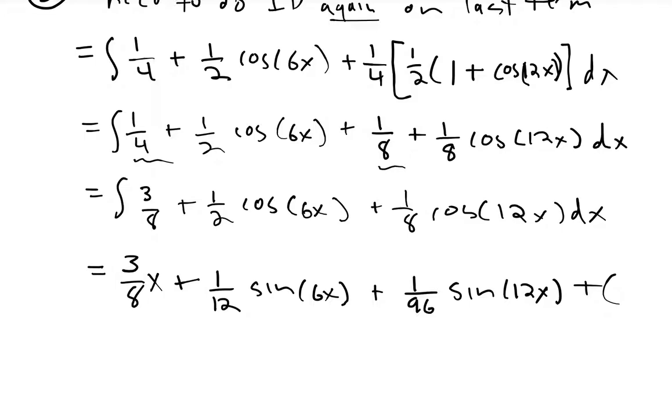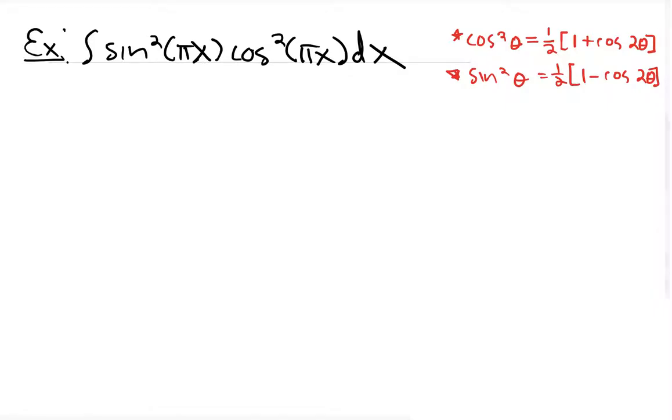Okay. I'll try one more of these, just to establish what I meant by, you have to apply the identity everywhere. Even powers only in this problem. I've got a sine squared and I've got a cosine squared. So when I shove both of these identities in here, here's what it looks like.